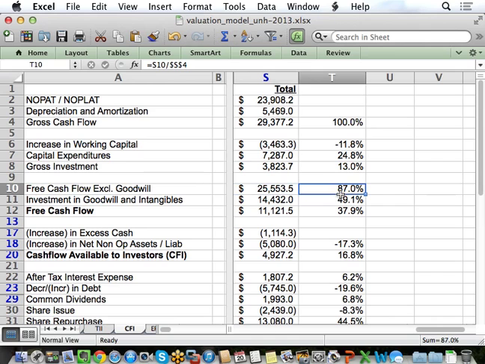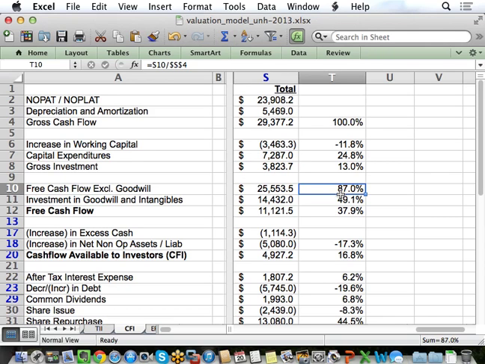But here's the other definition of free cash flow that we're going to use in this class and from the book, that is also less used in the real world, and that is we're going to treat acquisitions as operating. If I buy another company to run them, it's like buying a piece of equipment to go sell more stuff, right? So investments in what's called goodwill and intangibles are going to be operating.